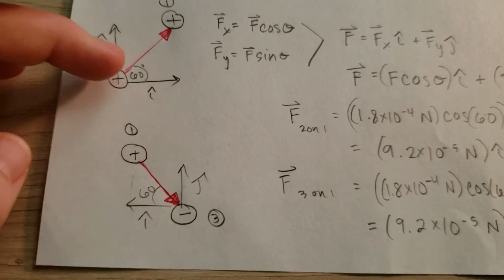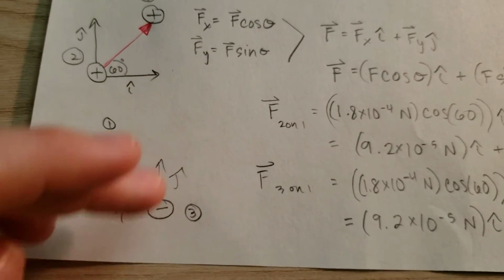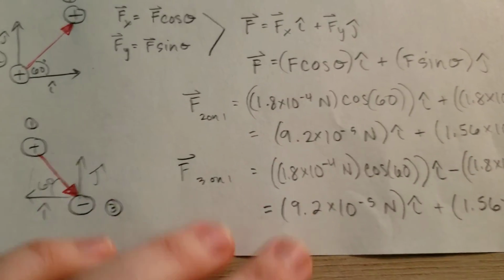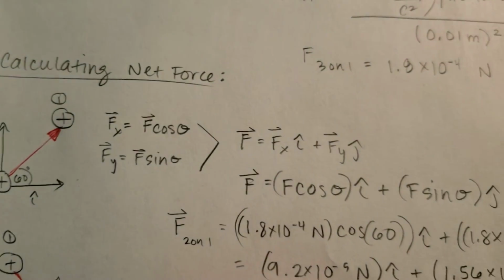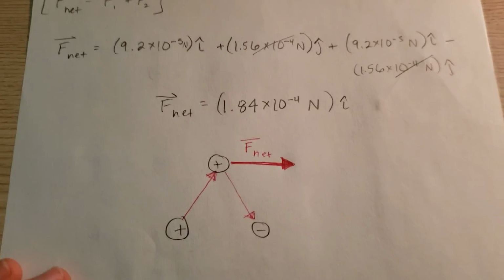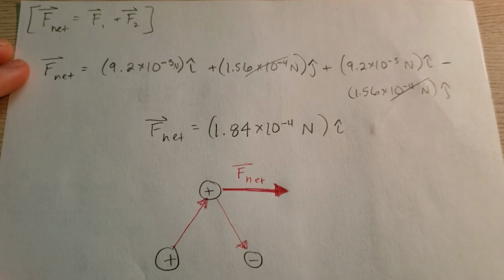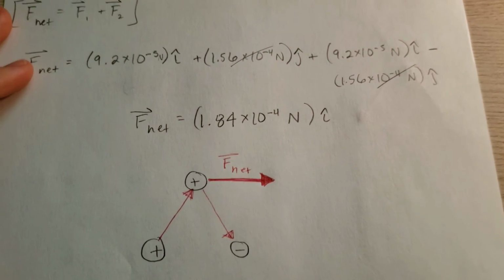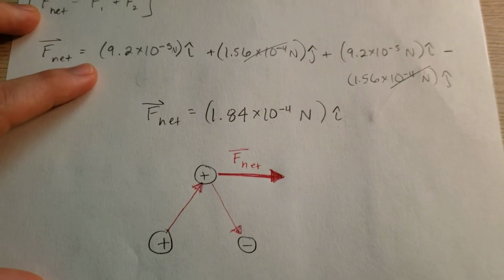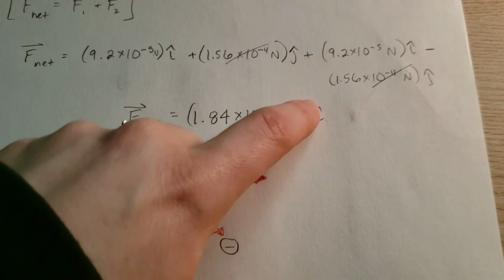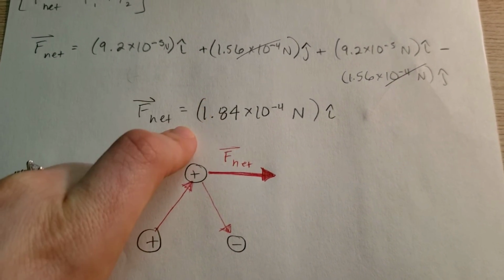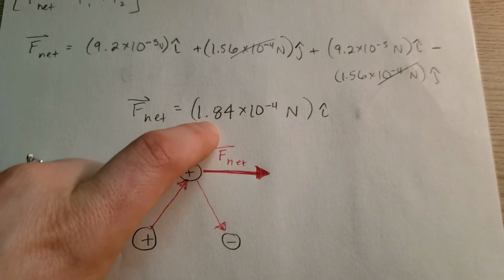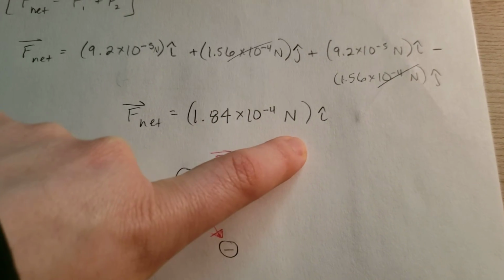So now that we've broken this into our vector components, we can add all those forces together to get our total net force for that first particle. So we know net force is equal to the forces added together. So we take those two forces that we just found in our components, and we get a net force equal to 1.84 times 10 to the negative 4 newtons.